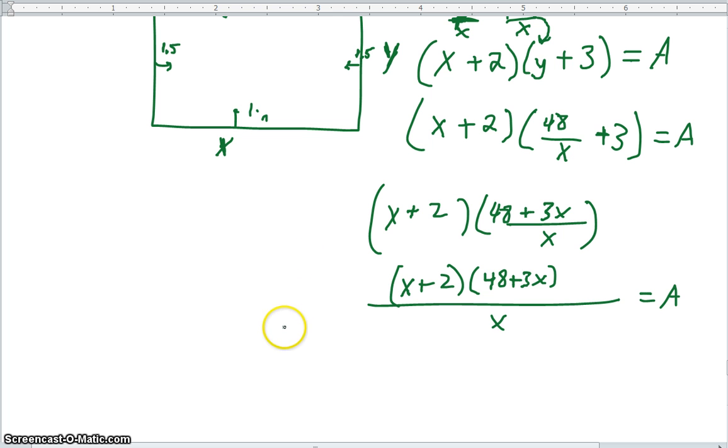So to expect that is not something I would have you do, just because not everybody in the class has one. So this is how you would get an equation to model this area. And to find it, you would need a calculator to find the minimal area.